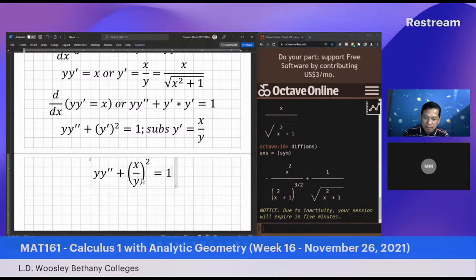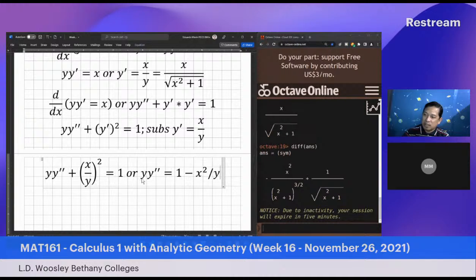So, and then let's continue because our purpose is to solve for y double prime. Okay? So what you're gonna do here? Can you solve for y double prime? Of course, or you will dump y double prime is equal to 1 minus. So pwede na natin siyang expand x squared all over y squared.